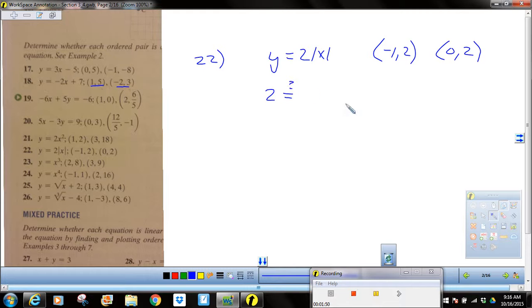Put a question mark here. 2 times the absolute value of negative 1. Well, the absolute value of negative 1 is positive 1 times 2. It would be 2. Here, if you need to see that, absolute value of negative 1 was positive 1. That is equal to 2. So I can say negative 1, 2 is a solution.